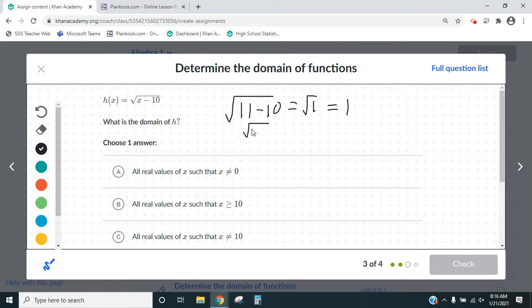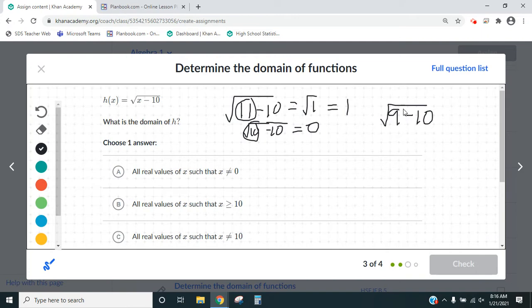If I do 10, so 10 minus 10, I get 0, which is still an answer. The problem happens when I go down one further. So I started with 11, then I did 10. Once I go under 10, right? That's the problem.